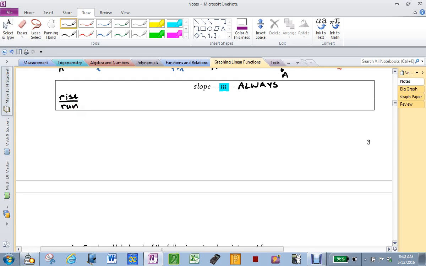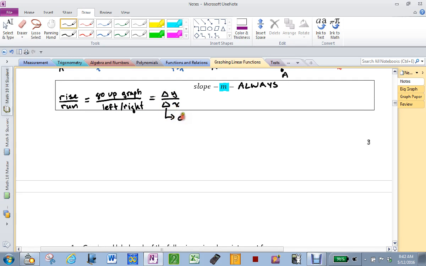Right? Which means you can go up on a graph and divide it by the, well, it should be up or down, and divide by the left to right. Okay? In physics, we write it as delta y over delta x.